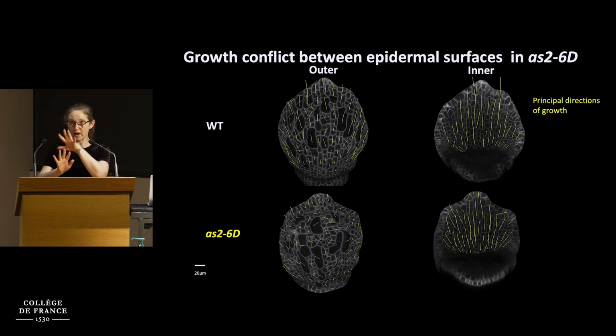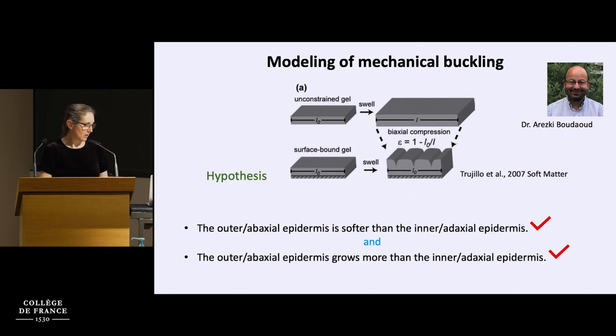So the outside's growing wide, the inside's growing up, and we think that's what's really creating this growth imbalance, creating the buckling. So it's really like growing too wide while the inside's trying to grow up. Okay, so the outer epidermis is growing, well, more would be a simplified statement. It's growing more wide than the inner epidermis. And so we've got that problem.